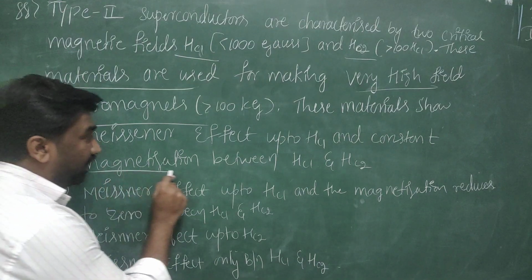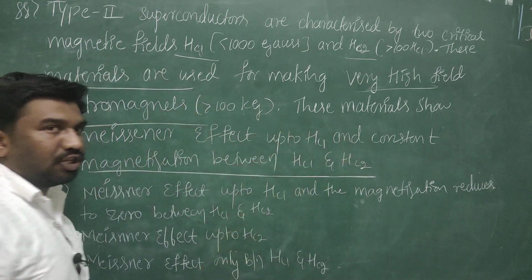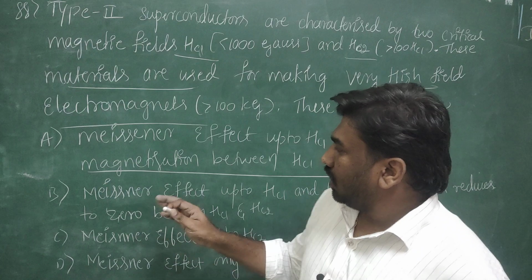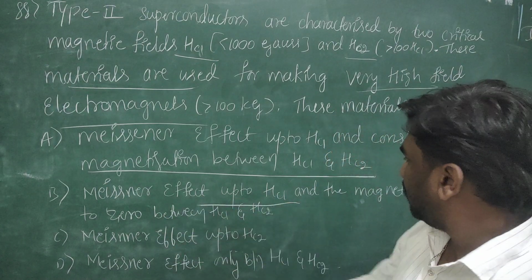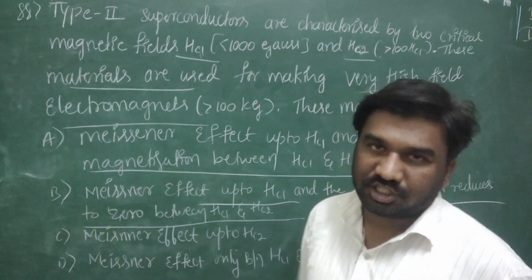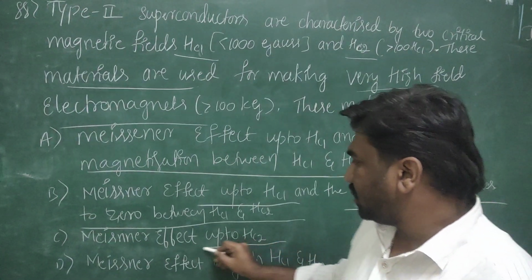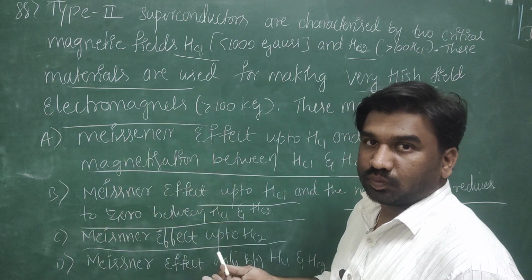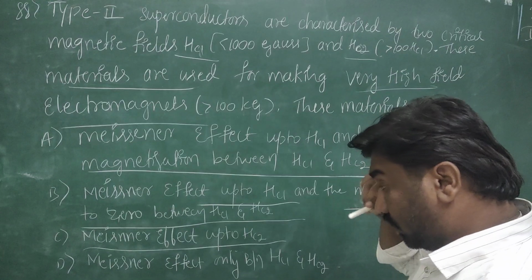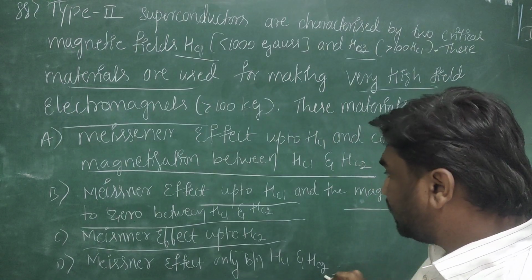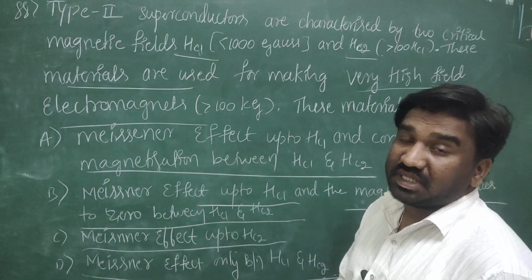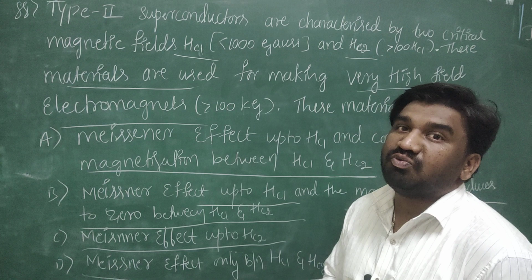That means the magnetization occurs between Hc1 and Hc2 in option 1; Meissner effect up to Hc1 and the magnetization reduces to 0 between Hc1 and Hc2; Meissner effect up to Hc2, higher critical temperature, higher critical field. Next, Meissner effect only between Hc1 and Hc2, that means Meissner effect occurs between Hc1 and Hc2.